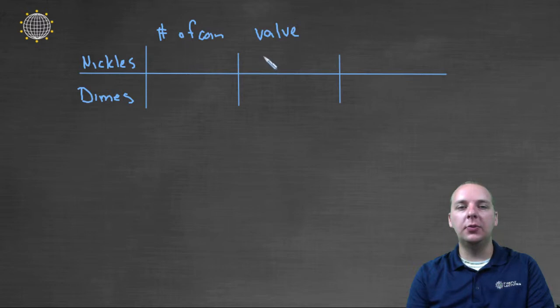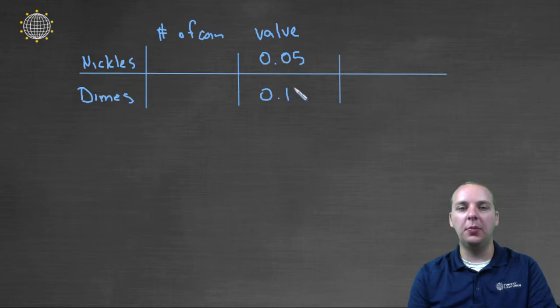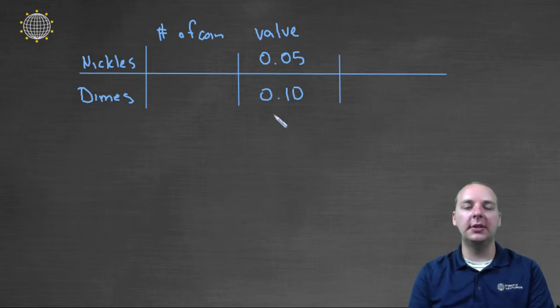A nickel is worth $0.05, or 5 cents, and a dime is worth $0.10 or 10 cents. You can even put 0.10 to make it like 10 cents. So this is how much the nickels are worth. Here's how much the dimes are worth.